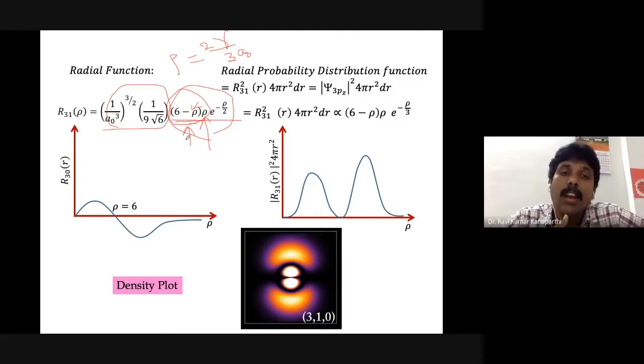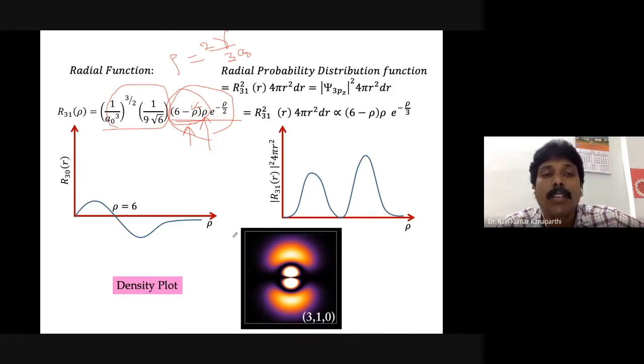You are subtracting rho from 6, but then that is multiplied with the rho value. So essentially it keeps on increasing initially, but later, as the value of rho or r increases, it decreases because of the exponential function.